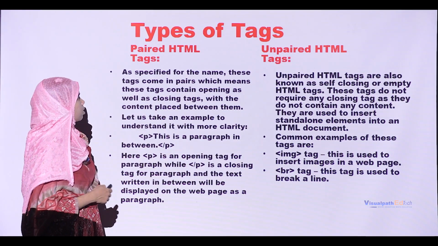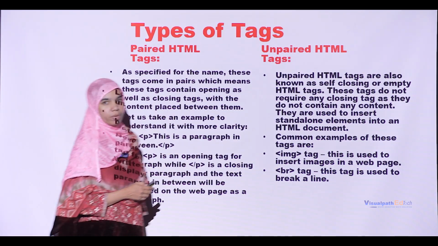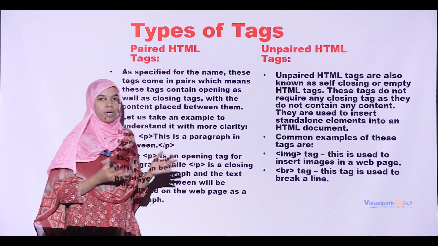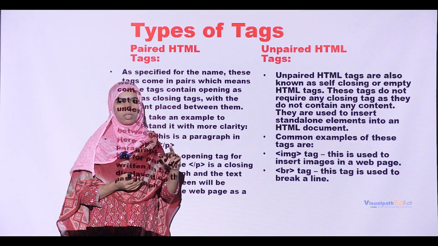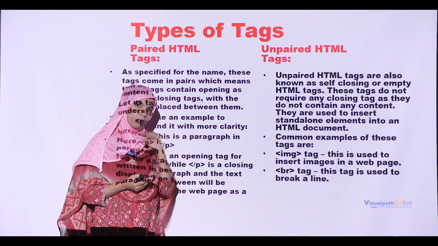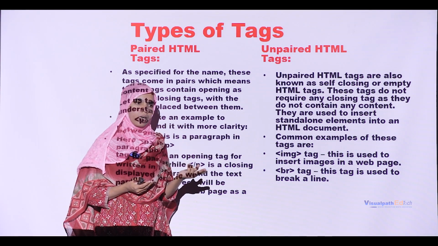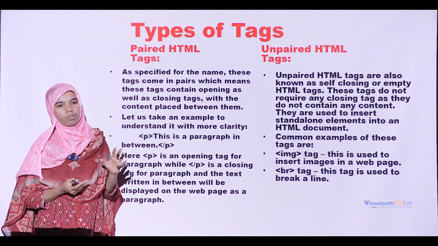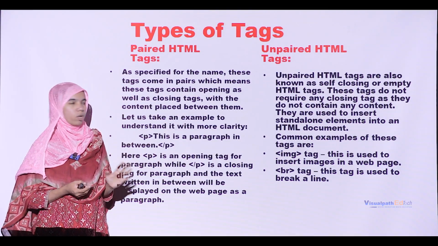There are two types basically: paired tags and unpaired tags. By the term itself you can understand that a paired tag has both the opening and the ending tag, and unpaired tags have only the opening, where the closing is not available.